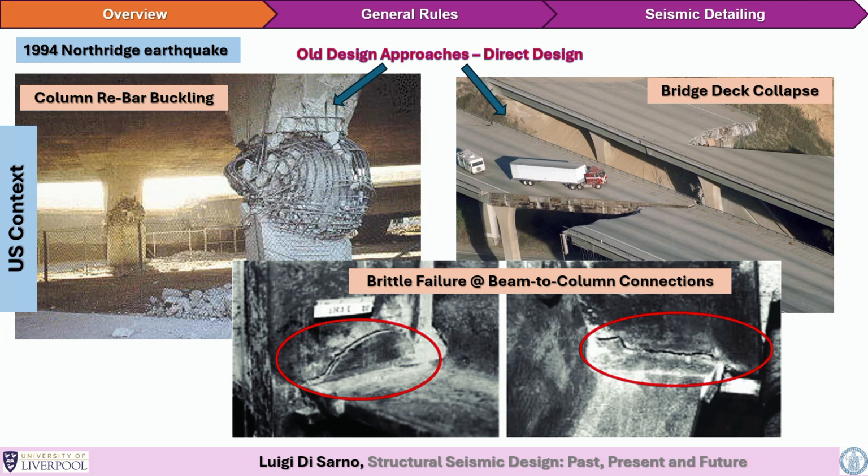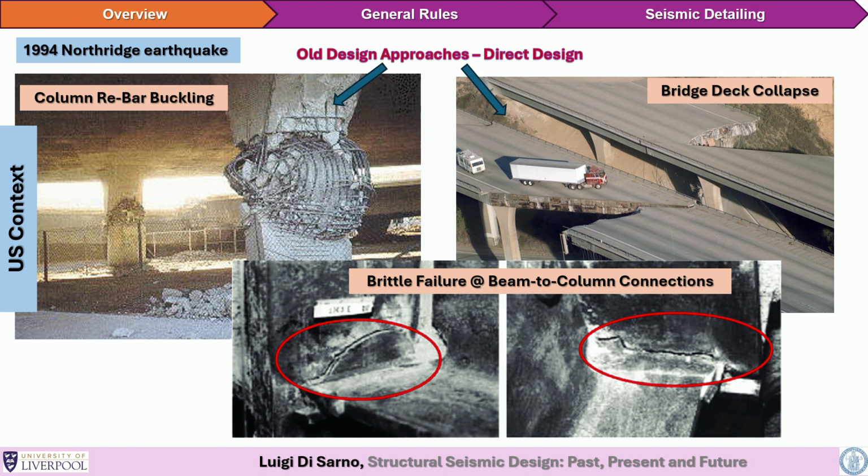What was observed during this earthquake is that after the 1971 San Fernando earthquake, part of California was subjected to a retrofitting program, and all infrastructure that was affected by the retrofitting program was not damaged, while all the others, for example this one, had severe damage.